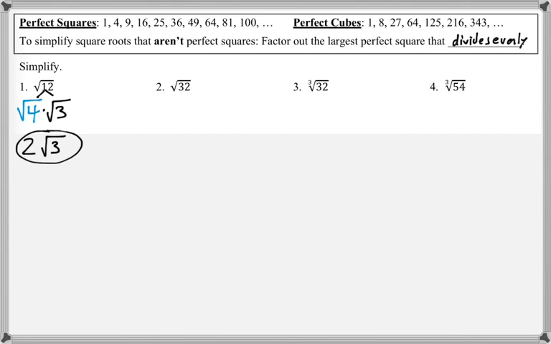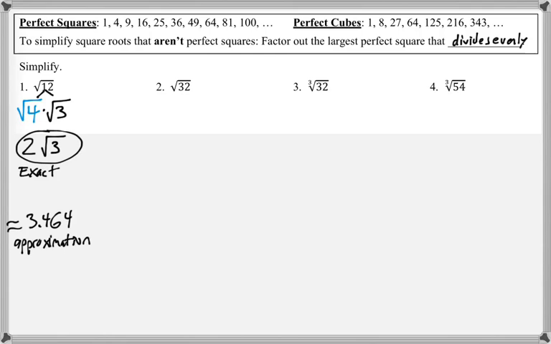This is the exact value. The decimal is just an approximation, and they don't usually ask for the approximation. So in these we're just looking for the exact value simplified.